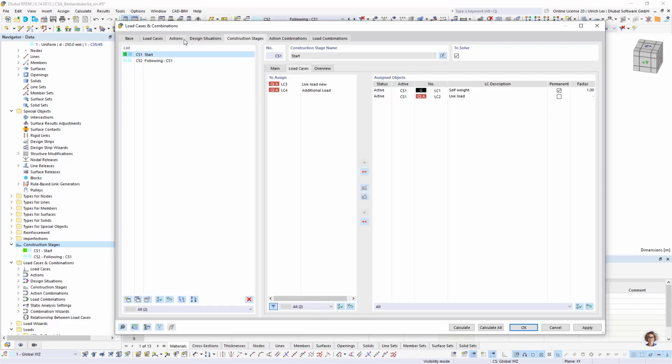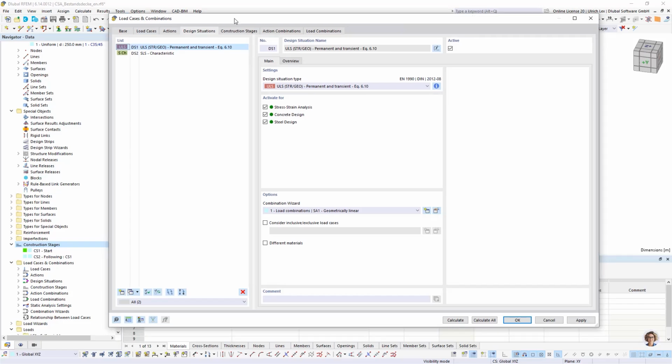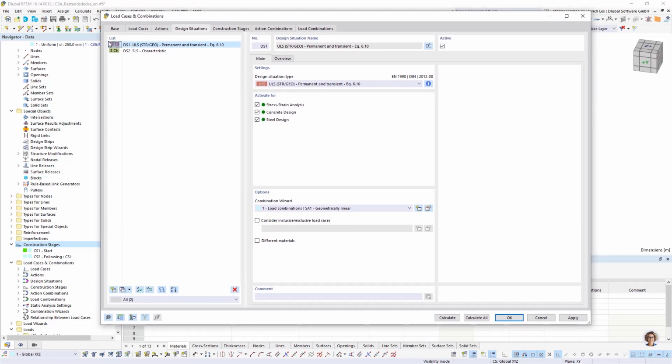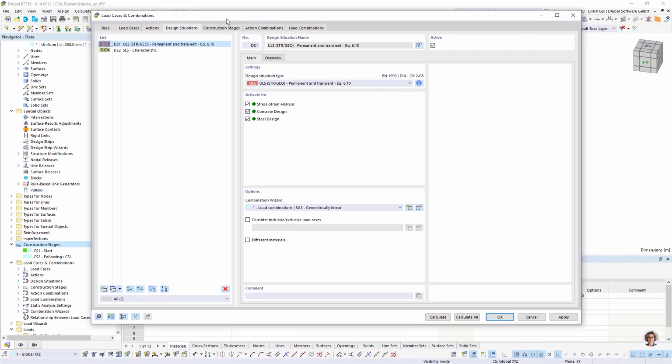Okay. So when we continue, we can go here to the design situations. Today, for the example, I have only created 2 design situations. One for the ULS and the second for the SLS design. When you want to do all the checks for the different materials, maybe concrete, steel, and so on, you would maybe need more design situations.